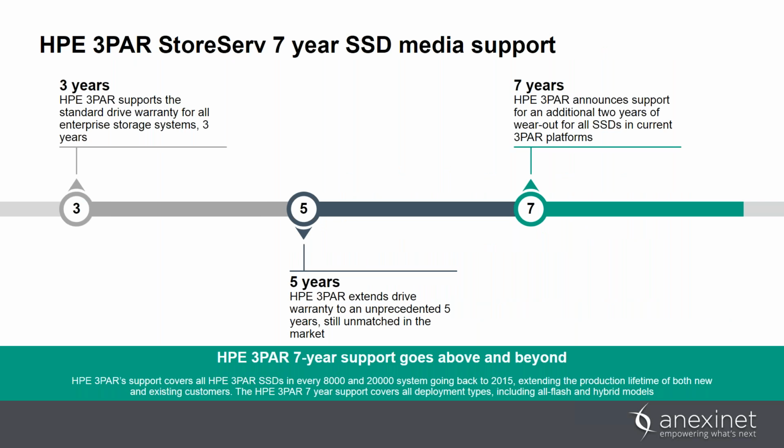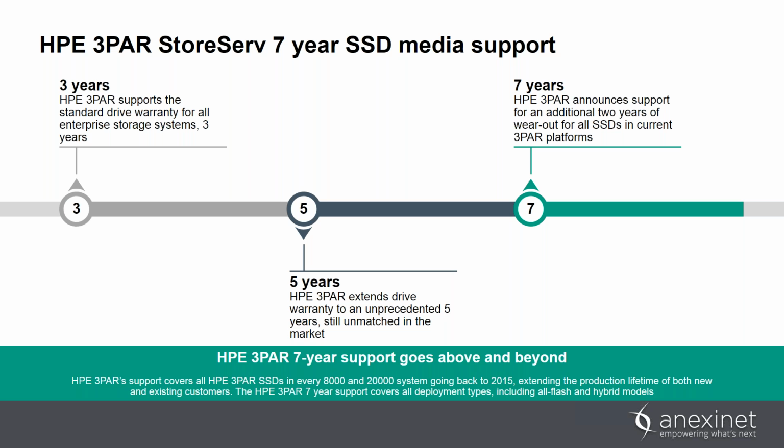One of the new changes also is the warranty model on SSDs. Right now you have a 3-year warranty for standard spinning drives and an industry-leading 5-year warranty for SSD. This is still above any other manufacturer out there in terms of a base 5-year warranty for their SSDs. But HPE is now extending the SSDs to 7 years.